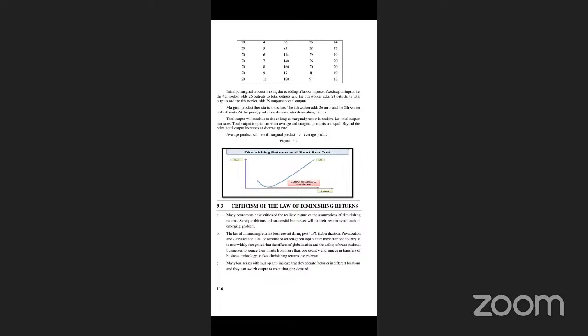So this way we try to understand the relationship: when the labor goes up to 7, the marginal product is 26. When the labor is further increased to 8, the marginal product comes down to 20. This shows that there is a relationship. Hence, you can stop adding more labor to that production activity.